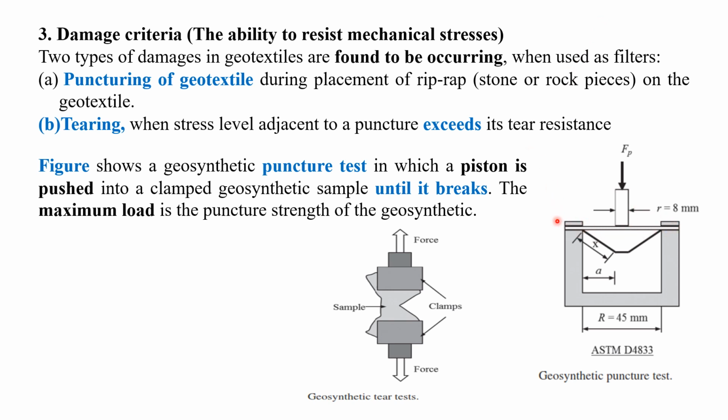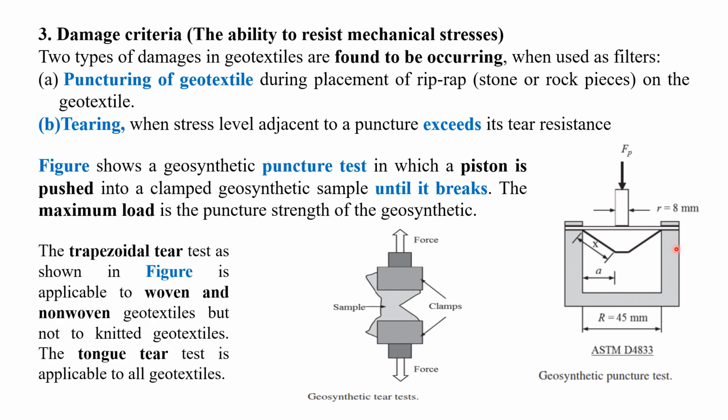This is a geotextile sample, and it is pushed in a downward direction until it breaks. So how much FP we get is the puncture resistance value. The maximum load is the puncture strength of the geosynthetic. We can find FP, the puncture strength.